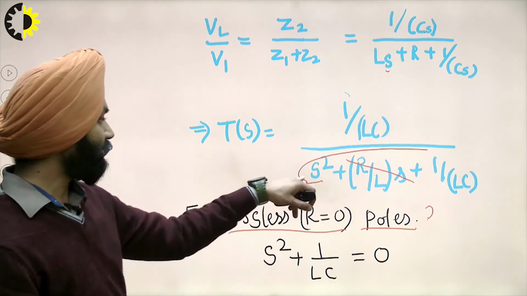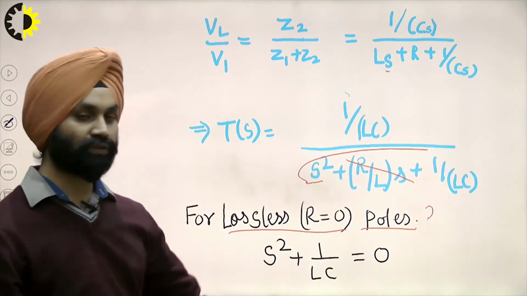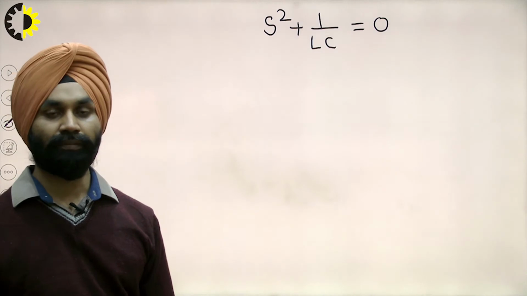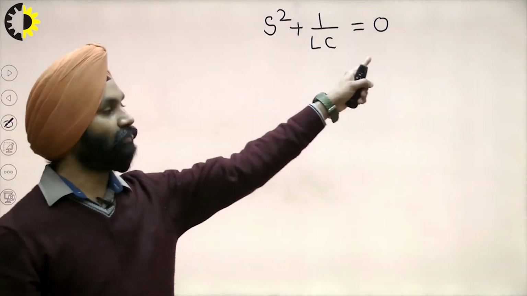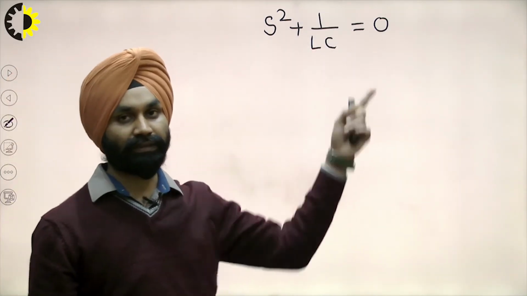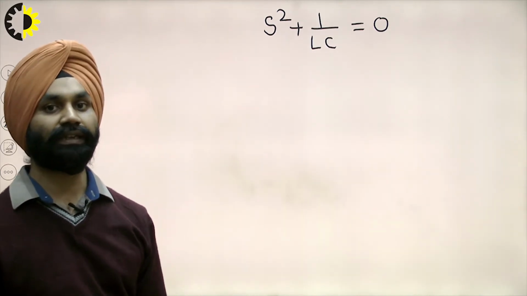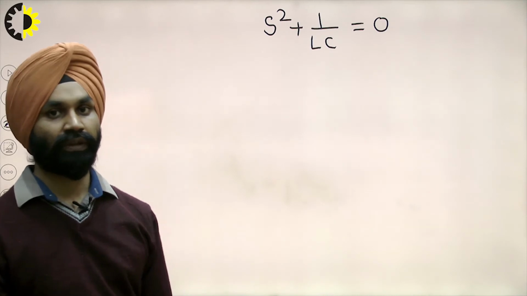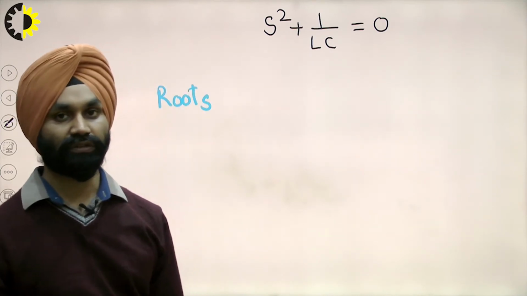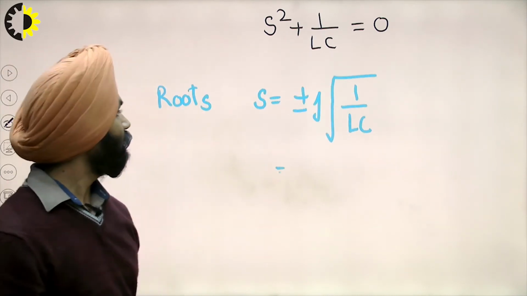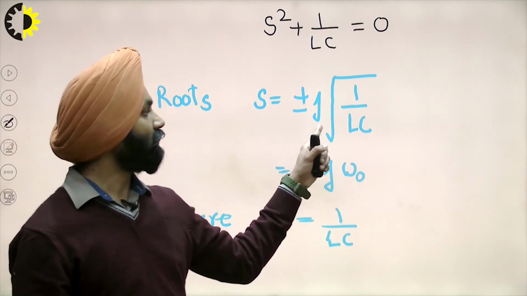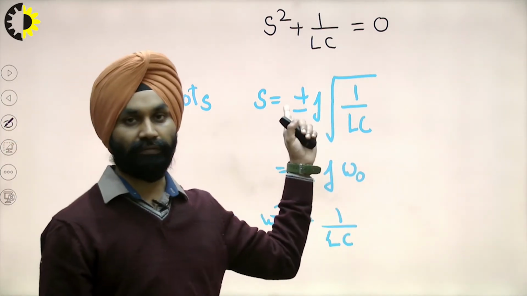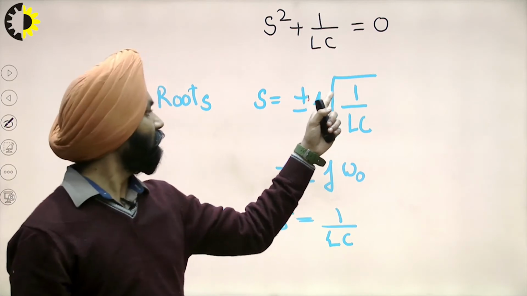So, we have S square plus 1 upon LC is equal to 0. From S square plus 1 upon LC equal to 0, we again have a quadratic equation whose roots will be given by S equal to plus or minus j times the square root of 1 upon LC.